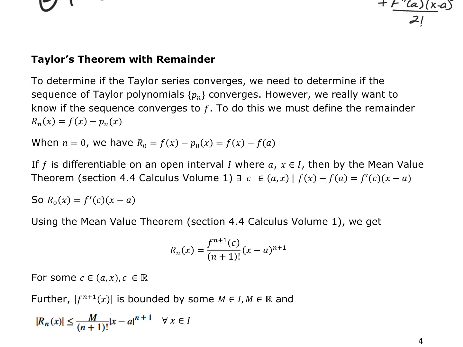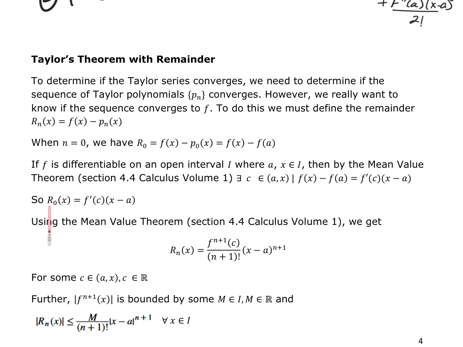If f is differentiable on an open interval I, where a and x belong to the interval I, then by the mean value theorem, this is from Calculus section 4.1 in our volume 1, there exists a c in the interval from a to x such that f of x minus f of a will equal f prime of c times (x minus a).